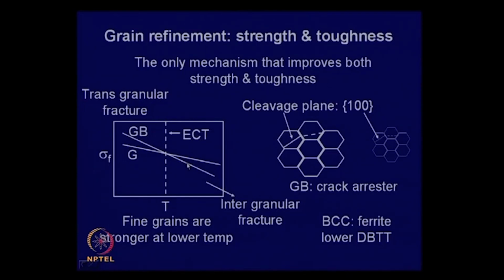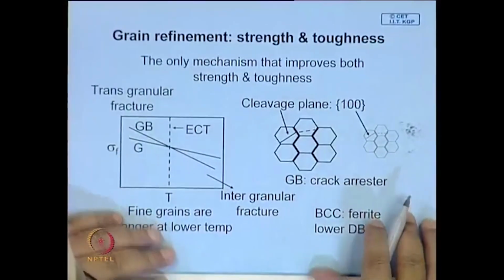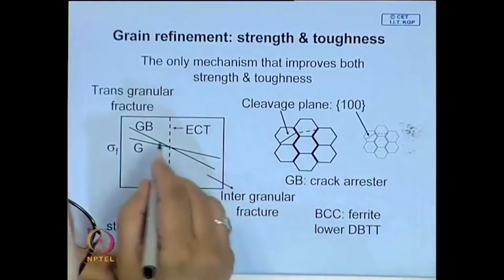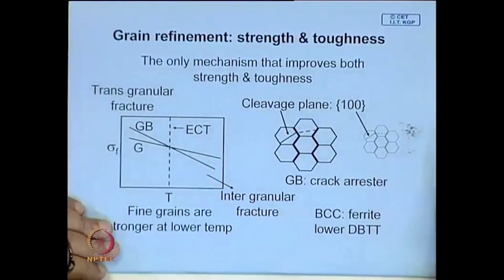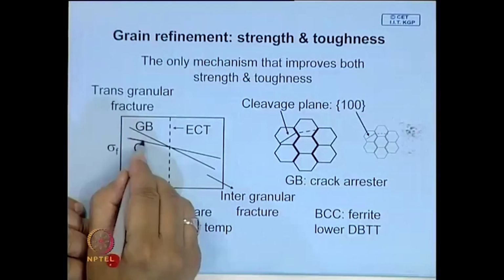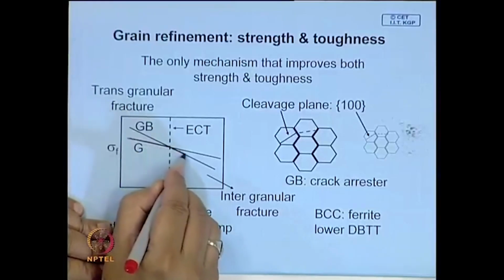So, at a normal temperature we will have a transgranular fracture. Let us look at the sheet here. These are the different grains, and the strength of any polycrystalline material follows this lower bound.